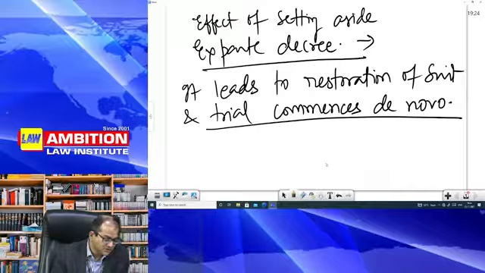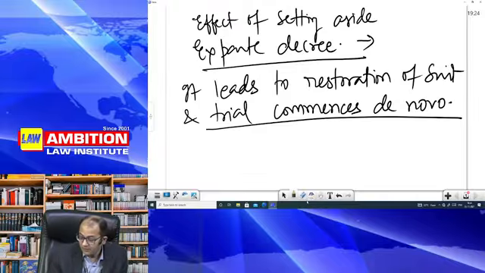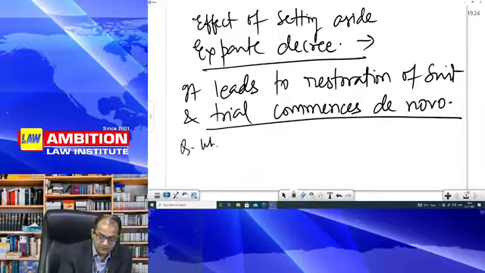Trial commences de novo. What about plaintiff's evidence after setting aside the ex parte decree? Now, plaintiff has already given evidence. What will happen to that?